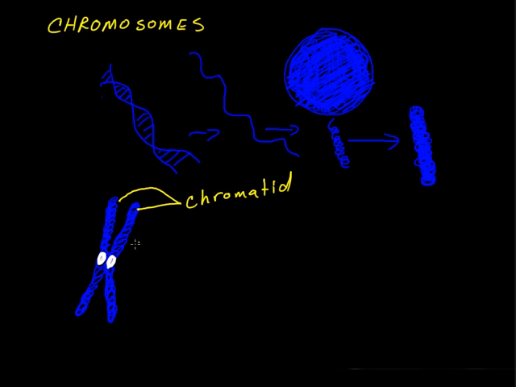And because they are connected in the center and they are part of the same chromosome, they're referred to as sister chromatids, plural. And this sister chromatid on the right-hand side is an exact copy of the sister chromatid on the left-hand side. Now, these chromatids are connected in the middle by a structure known as the centromere.